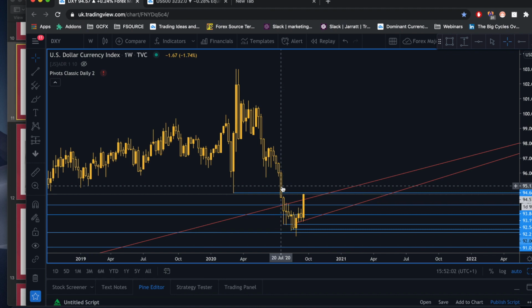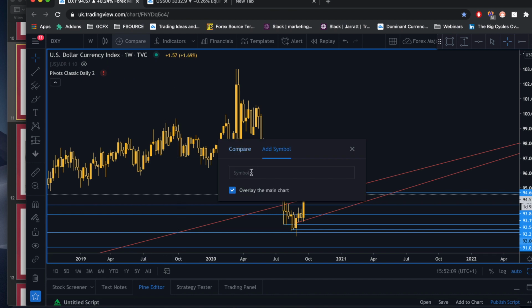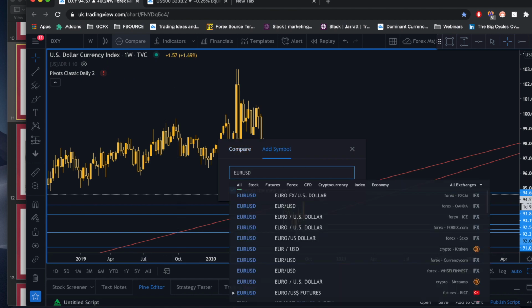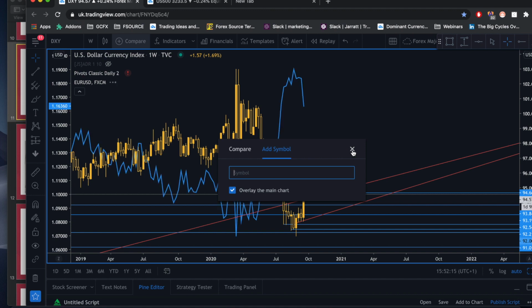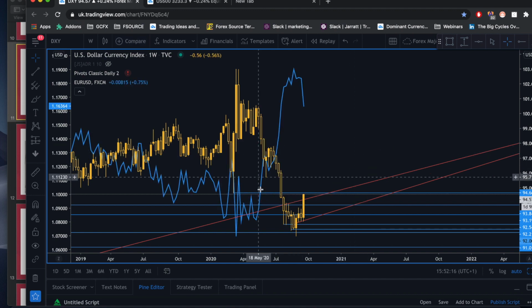So the dollar index is sometimes known as the anti-euro US dollar pair. If you put the euro US dollar pair and overlay it on the dollar index, what you see is that when the dollar index falls, the euro US dollar pair rises, and when the dollar index rises, the euro US dollar pair falls. They are inversely correlated.